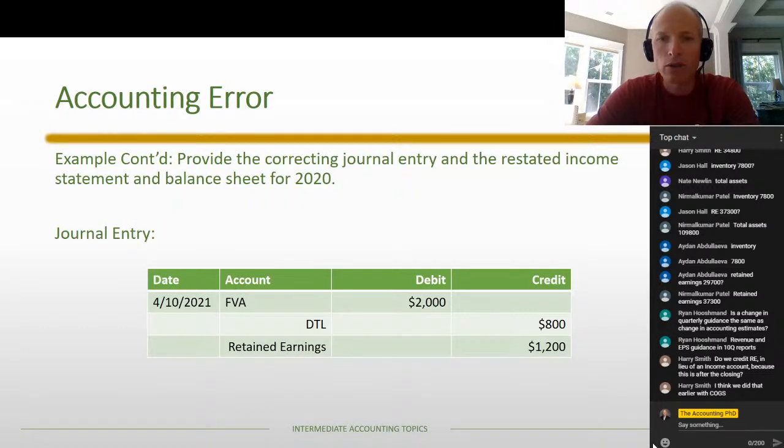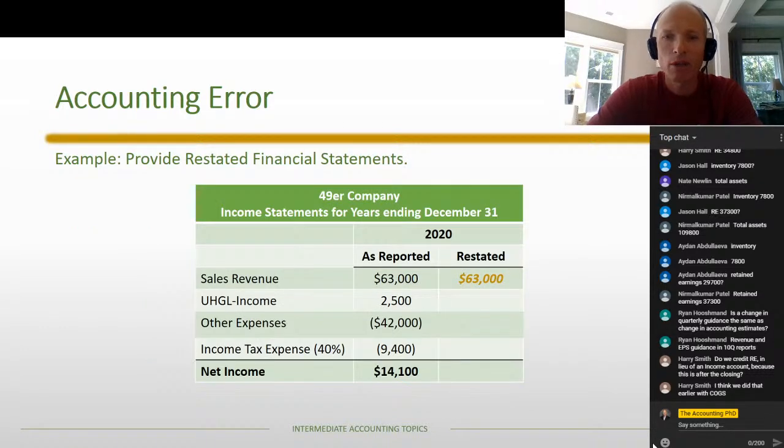Now look at those amounts, $2,800 and $1,200. Now I'm going to tell you right now, all three of those numbers show up in some way on this financial statement. In other words, those amounts are important. All three of those amounts are important somewhere on this income statement.